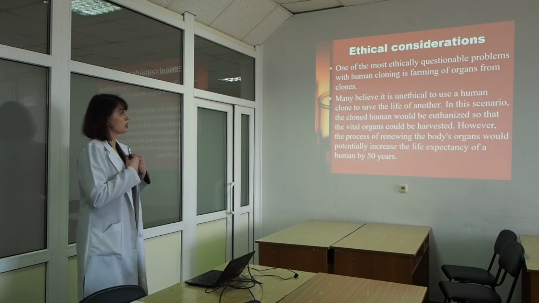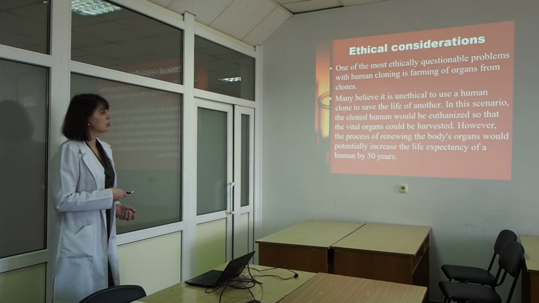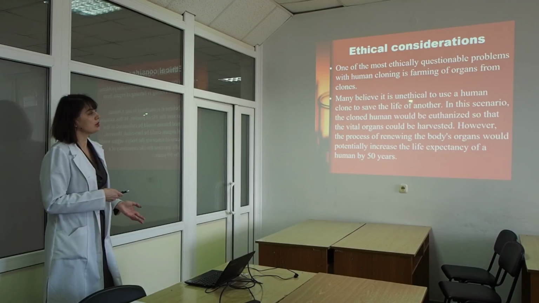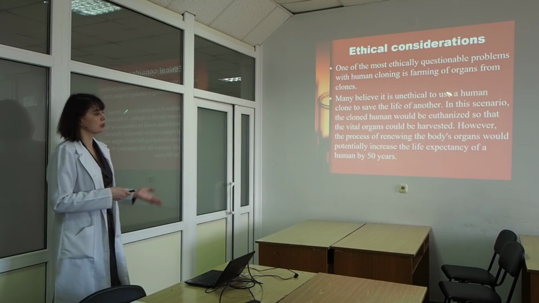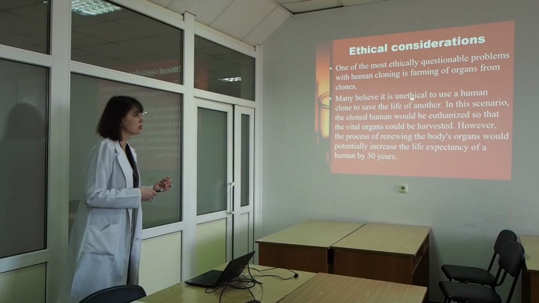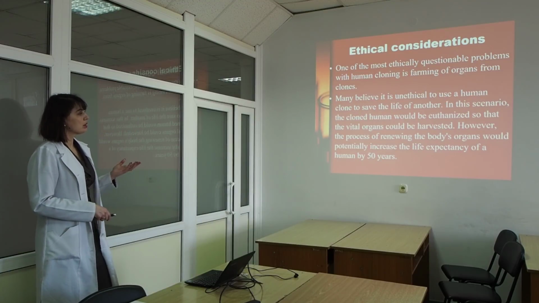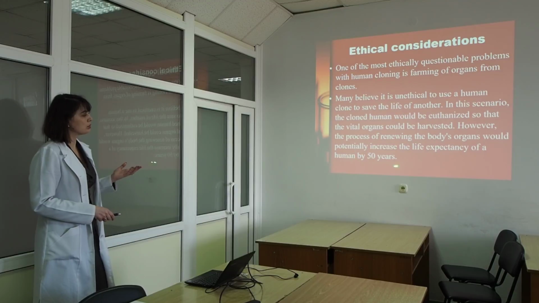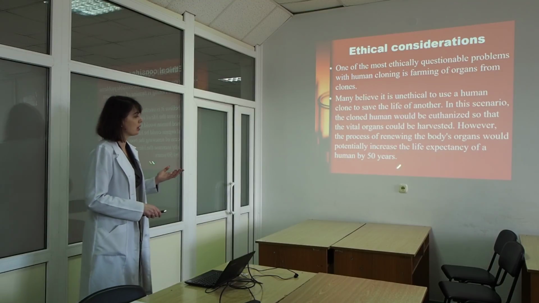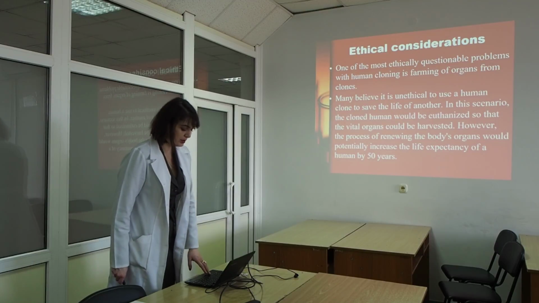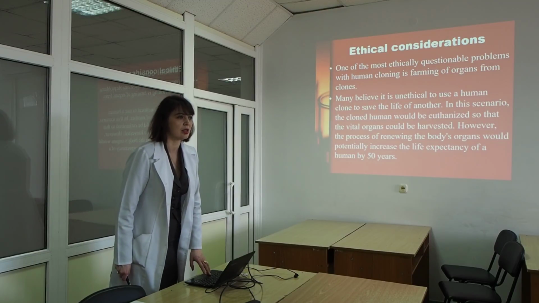This is an ethical question. And also, why do we need to initiate a young, new human intentionally to save the life of another? However, if we do so, the lifespan of humans, life expectancy, can be increased by 50 years. This is on the other hand.